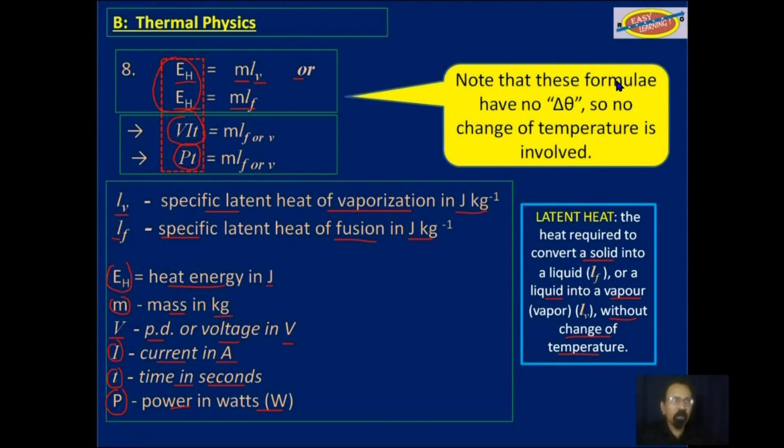Now also note that in these formulae here on the left, there are no delta theta, which means that no change of temperature is involved. And that is why we said when we define latent heat or specific latent heat, that change in state from a solid to a liquid or a liquid to a gas, it must occur without a change in temperature.